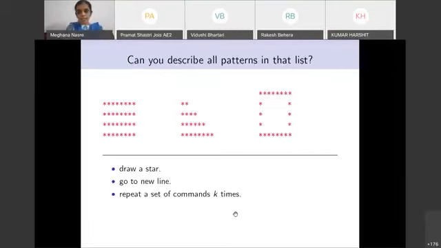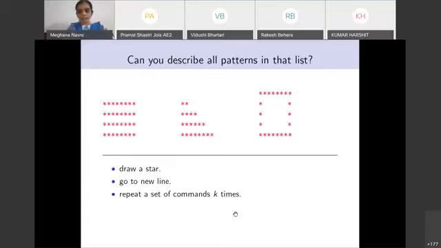So what we realize is that if we want to communicate to somebody, we need to first understand it ourselves clearly, and then we need to precisely communicate it with a set of commands that the other person understands. Because Vidushi understands the same language that we are talking, that is draw a star or draw an asterisk means the same for both of you, it is clear.